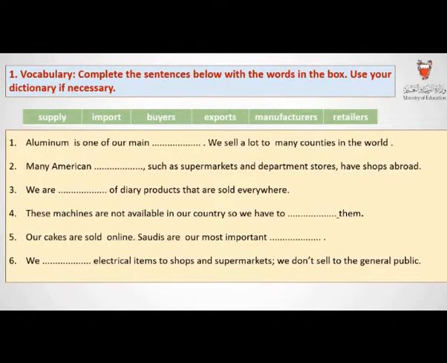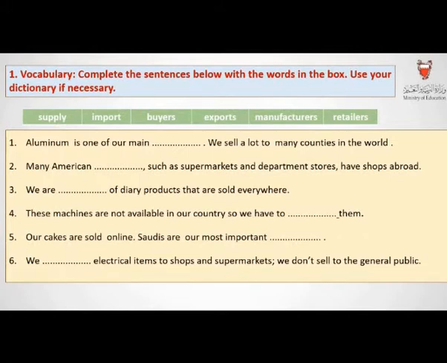Check your answers in a minute, inshallah. We still have 2 minutes left for the activity. All right. We have Turkey: exports, retailers, manufacturers, imports, buyers, and supply.